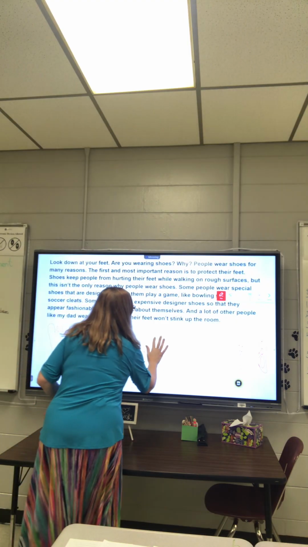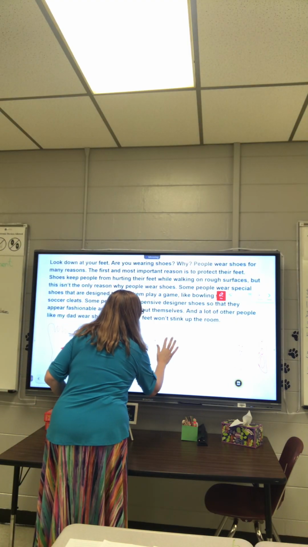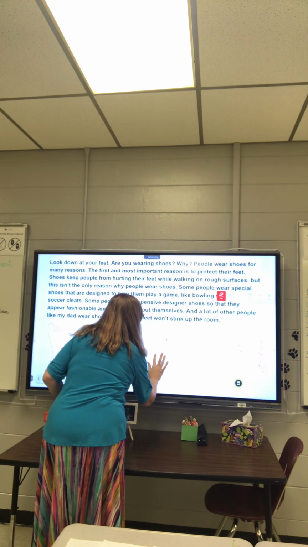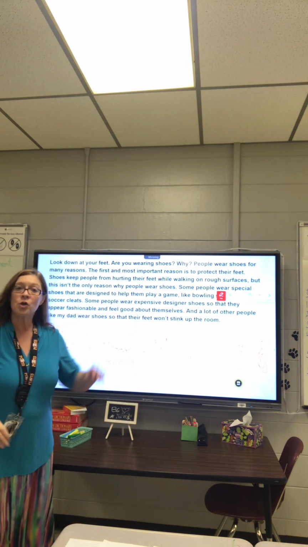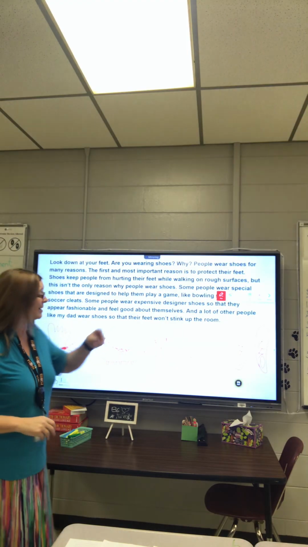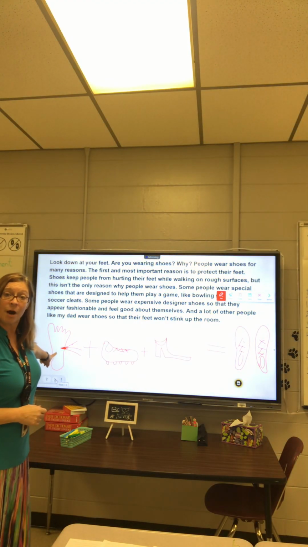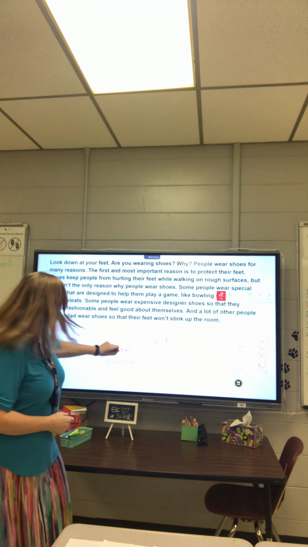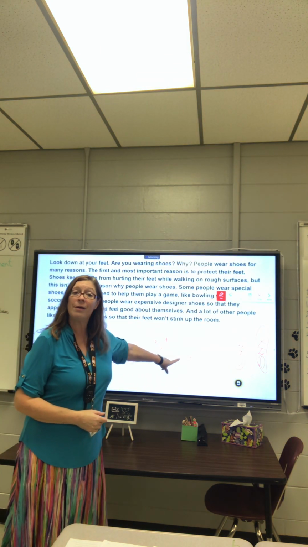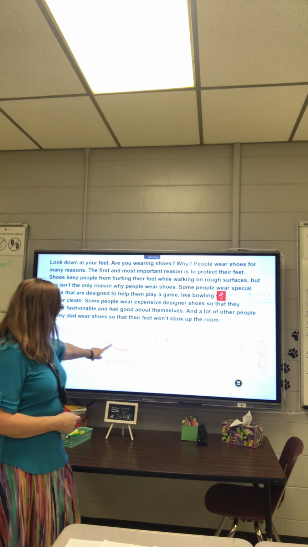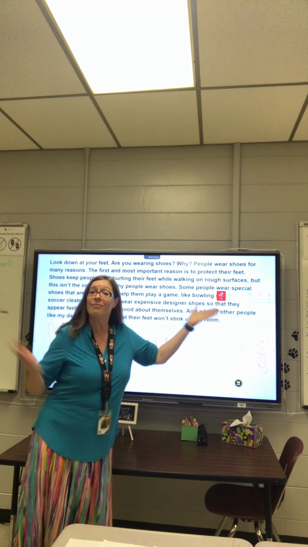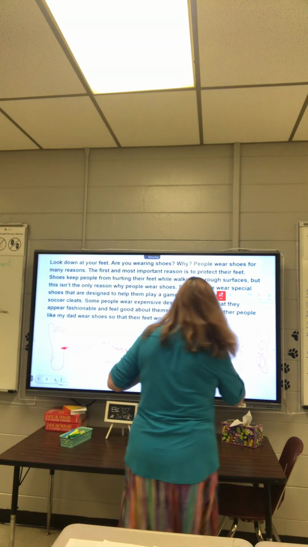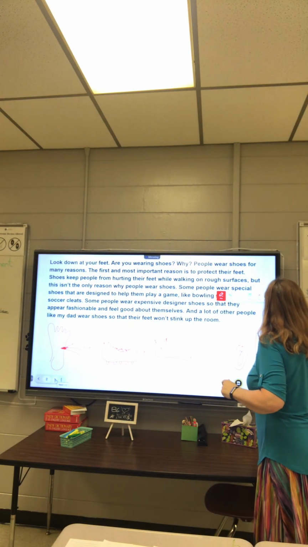So let's just imagine a woman wearing her high heels. There we go. So here we have three causes: protecting our feet so we don't injure them, sports, and to be fashionable. So I've got that plus that plus that equals the effect, okay? Great. Let's move on.